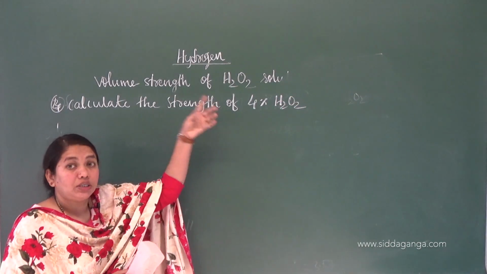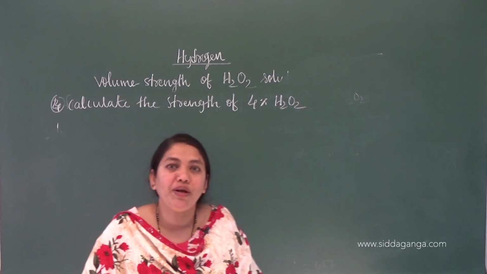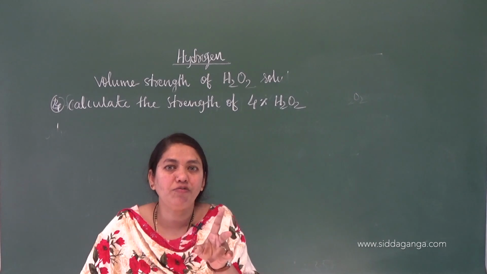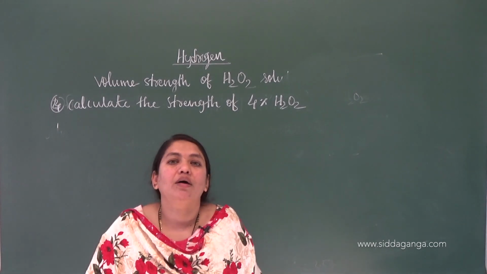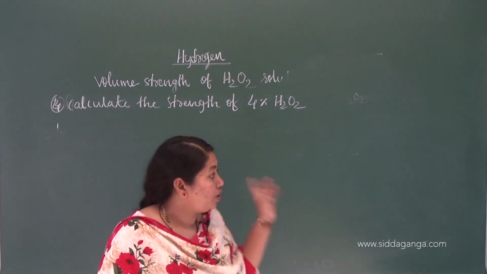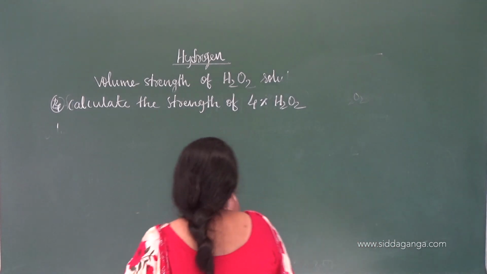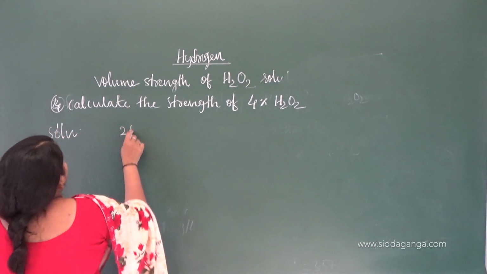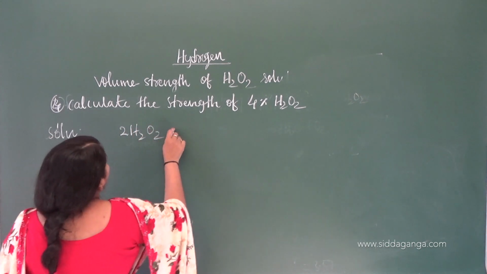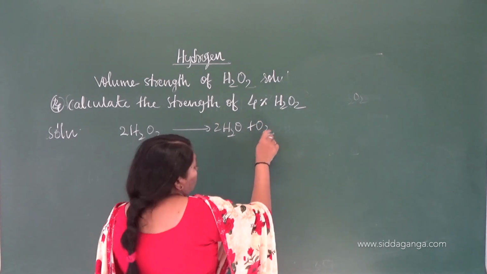The percentage. In the beginning itself I told you that the volume strength of hydrogen peroxide can be calculated in two ways: one is weight by volume, the other is volume by volume, right? So here it is the first one. Write down once again, 2H2O2 gives rise to 2H2O plus O2.